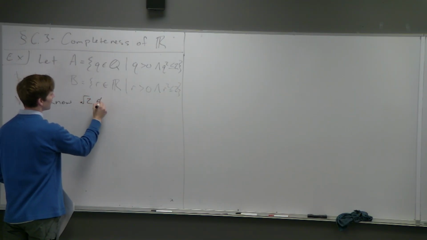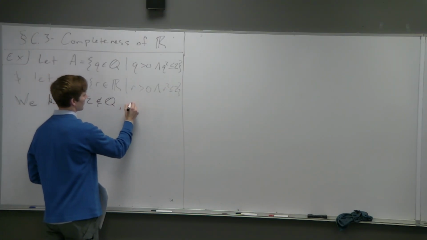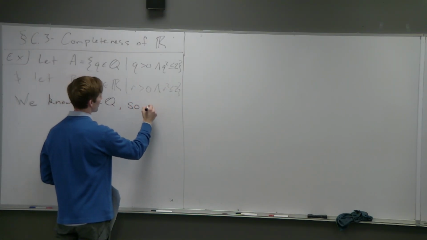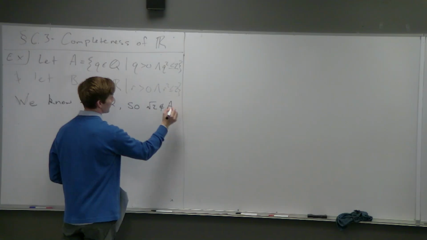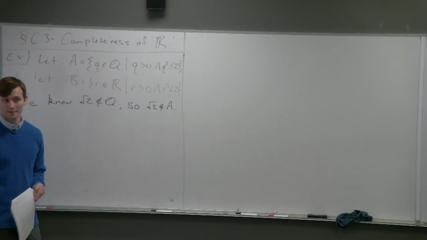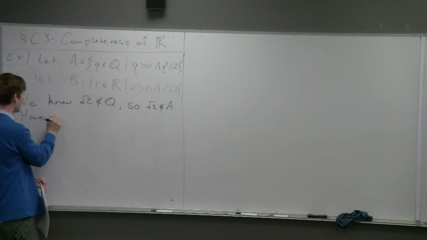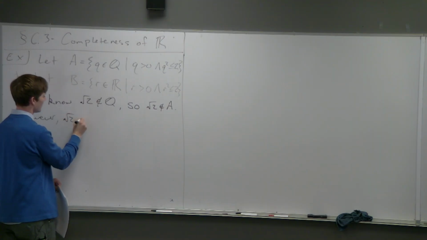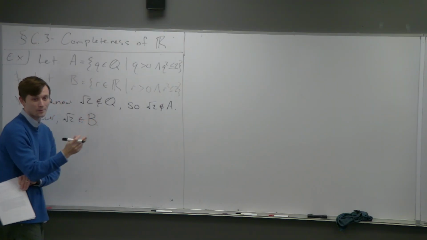We know that square root of 2 is not a rational number. So it is not in this first set, right? However, it is in B, right?